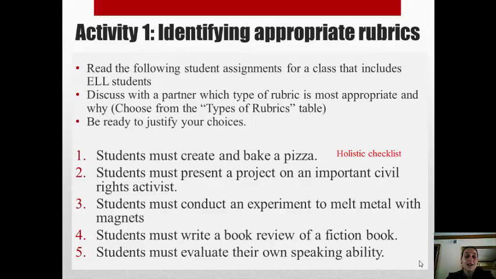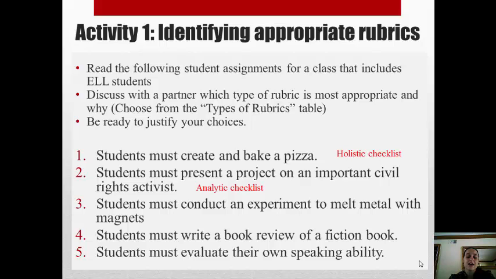And it's holistic because I think all of those skills can be listed in one area, and that could receive one score alone. For number 2, I chose this to be an analytic checklist. In my mind, the project was to include specific areas, such as an introduction, a timeline, maybe the early life of the person, the schooling, the education, the private life, those sorts of areas.